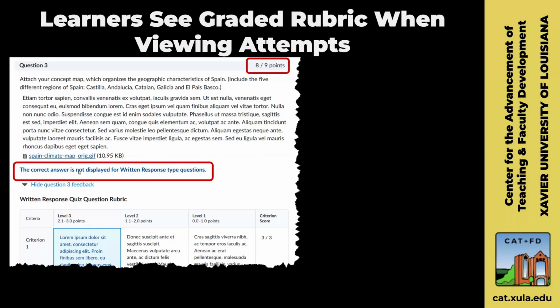And I've kind of highlighted here that a correct answer is not going to be displayed for written response type questions. So having a rubric here could help the students understand why they got the score that they did. So for example, in this example, this person got 8 out of 9, and the student might have said, well, what did I do? I didn't get that last point.